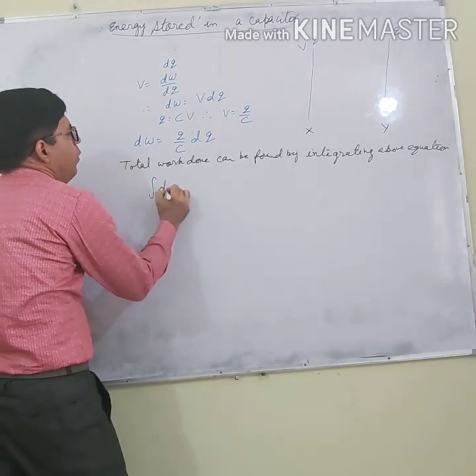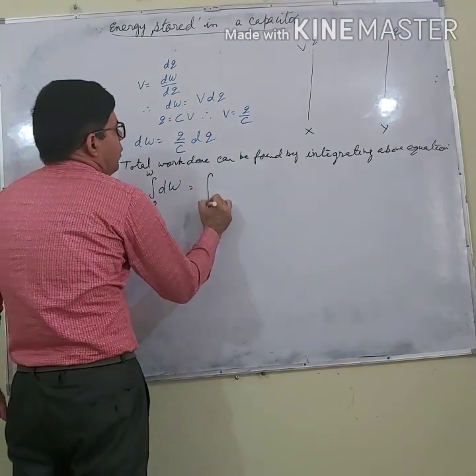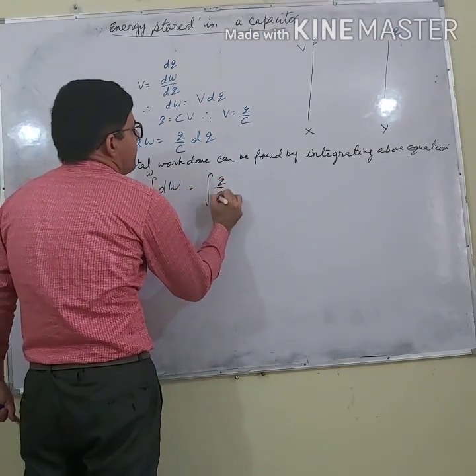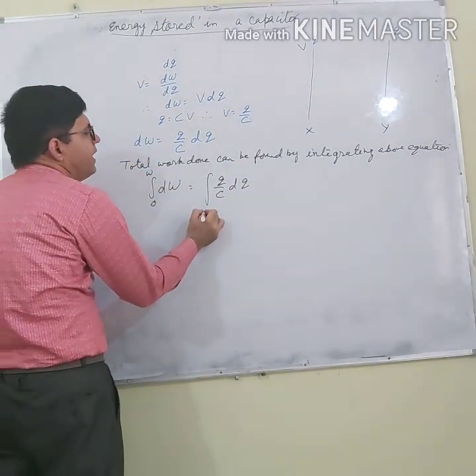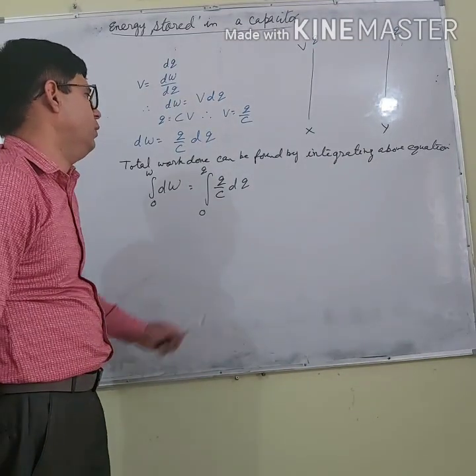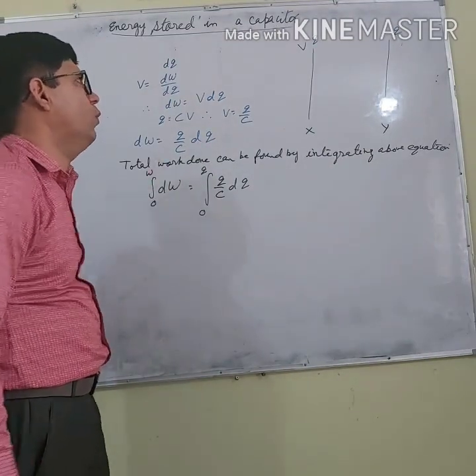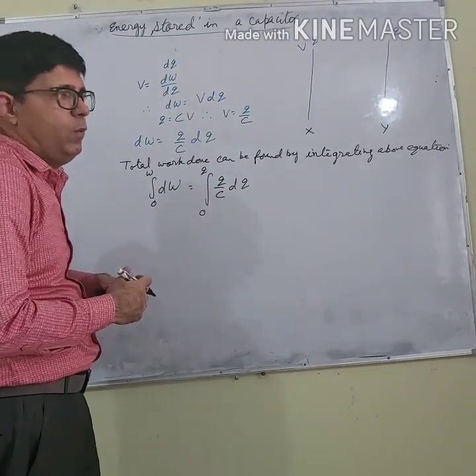Integration of dW, limits 0 to W, equals integration of Q by C multiplied by dQ. What are the limits of the charge? 0 to Q. Let us say the capacitor carries the charge Q after charging. So limits are 0 to Q.